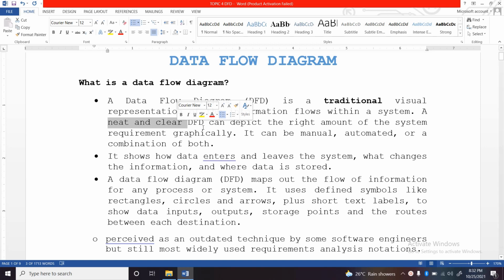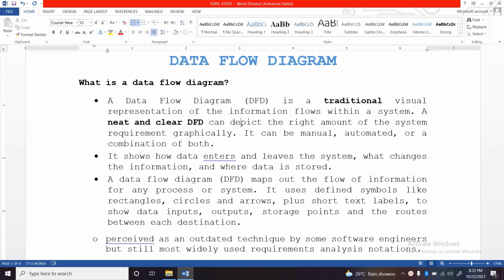But it says here that a neat and clear DFD can depict the right amount of the system requirement graphically. The first thing that was discussed on this particular subject, application development, is all about software or system requirement specification, then system requirement analysis, followed by the entity relationship diagram, and this one, the data flow diagram.